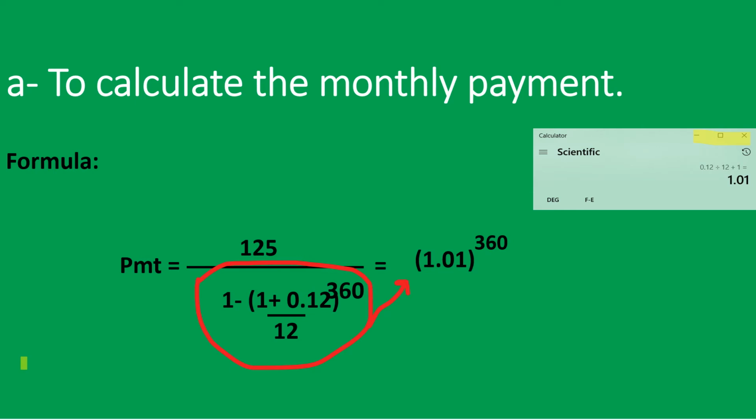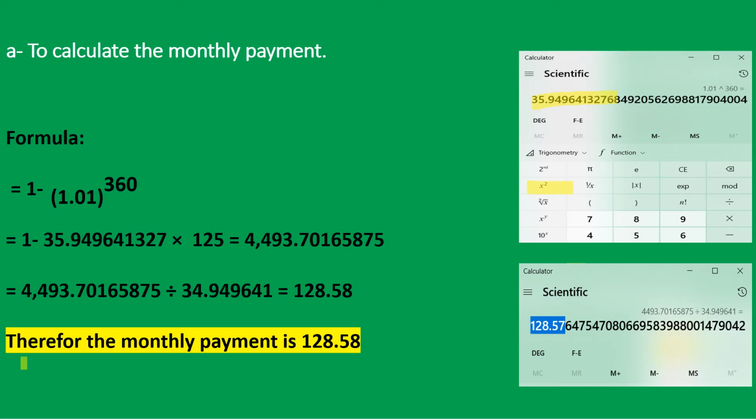It is very hard when you do it with pen. So we take a scientific calculator for this. On the right hand side you can see all the steps that I have done with the calculator. In this stage you can see the scientific calculator where I did the multiplication of 1.01 by 360 months, and the answer you got is 35.9496413276.